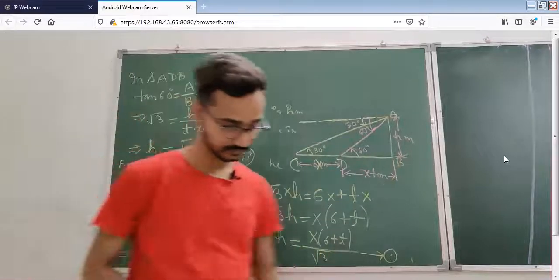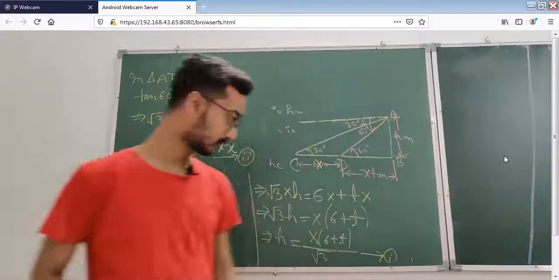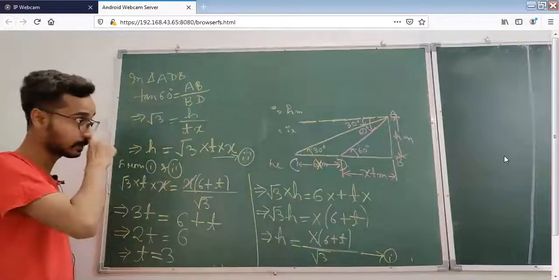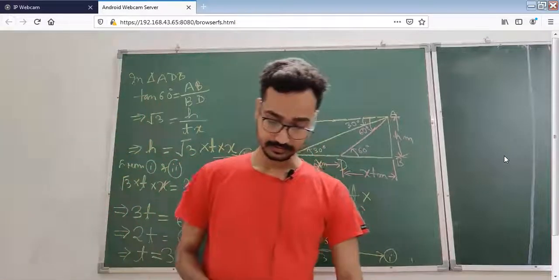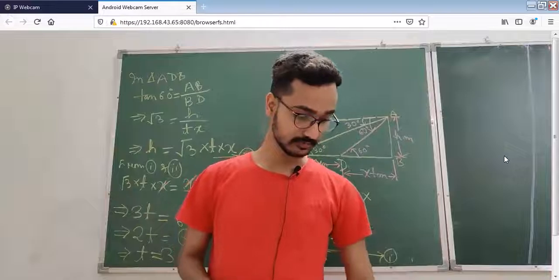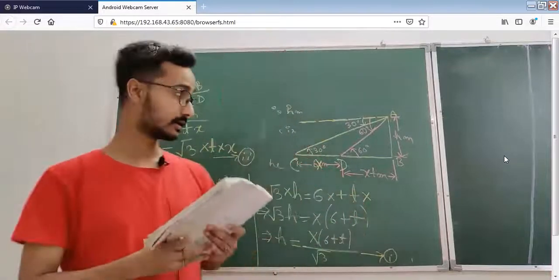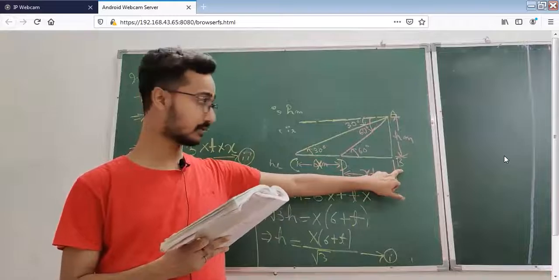So write down. Hence the required time taken by the car to reach the foot. This is the foot of the tower. So write down.